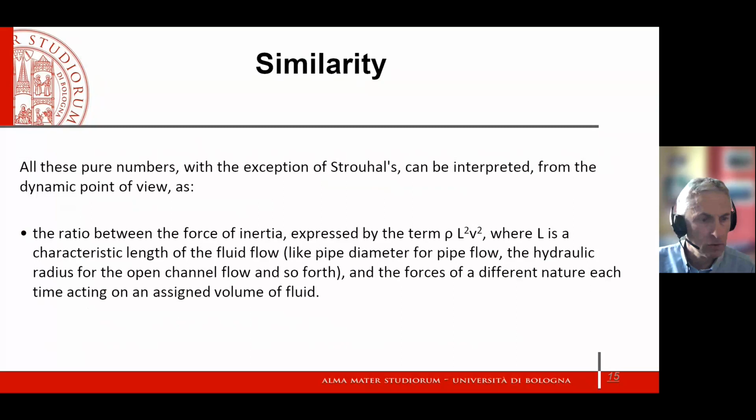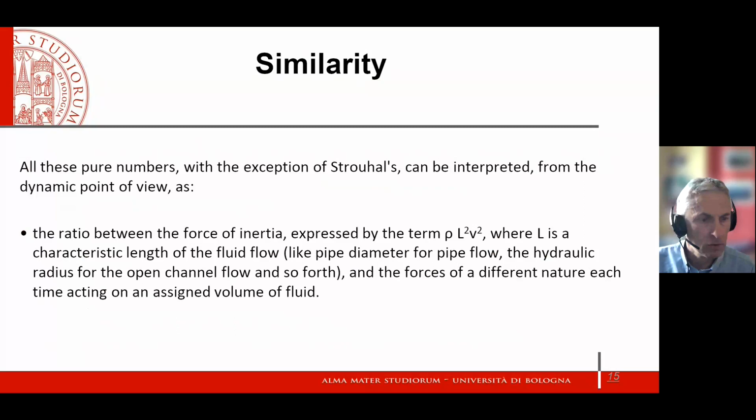They can be interpreted, all of them, with the only exception of the Strouhal number, as the ratio between the force of inertia, expressed by the term rho L square V square, where L is a characteristic length of the fluid flow, like pipe diameter for pipe flow, the hydraulic radius for the open channel flow, and so forth.